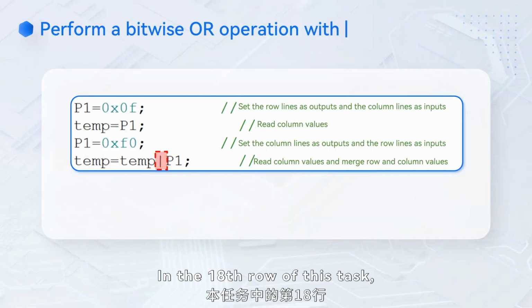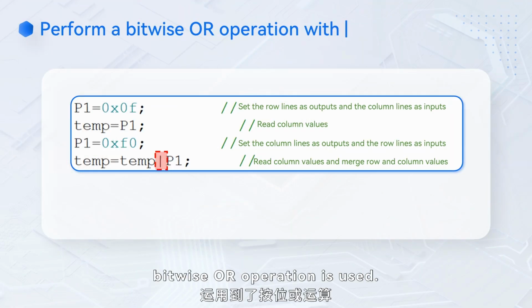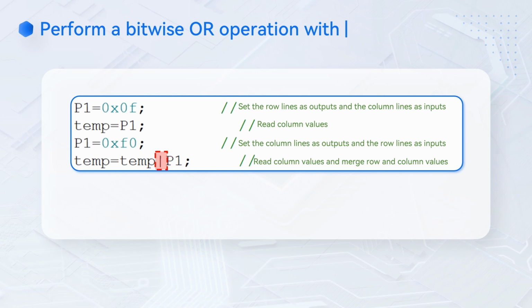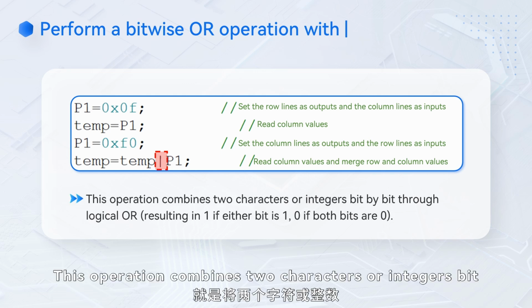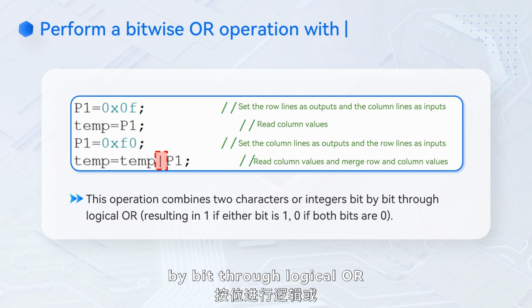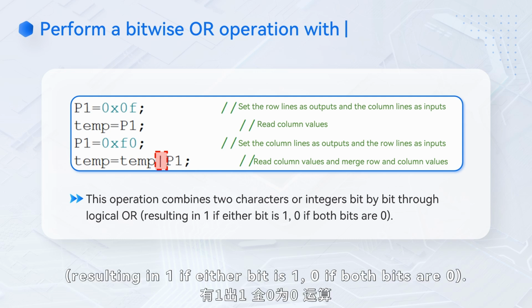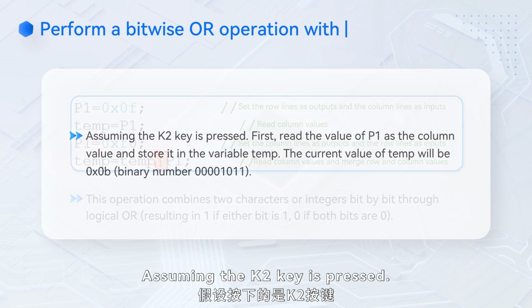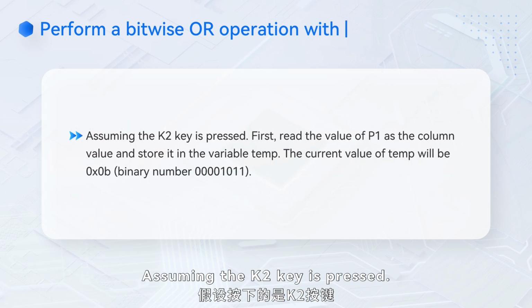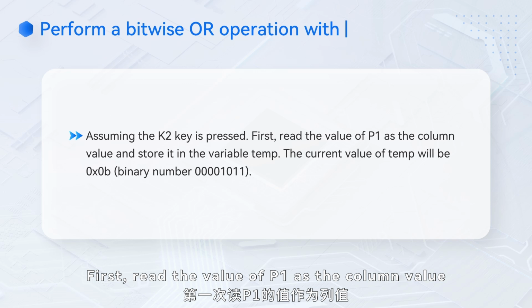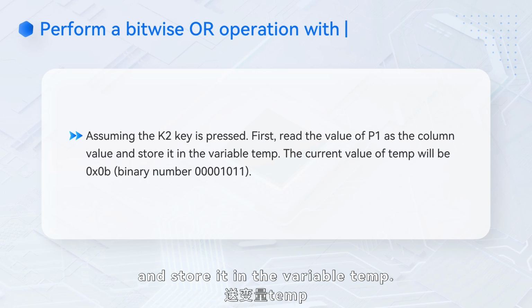In the 18th row of this task, a bitwise OR operation is used. This operation combines two characters or integers bit by bit through logical OR, resulting in 1 if either bit is 1, 0 if both bits are 0. Assuming the K2 key is pressed. First, read the value of P1 as the column value and store it in the variable temp.